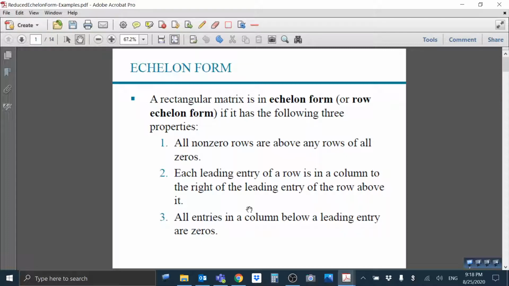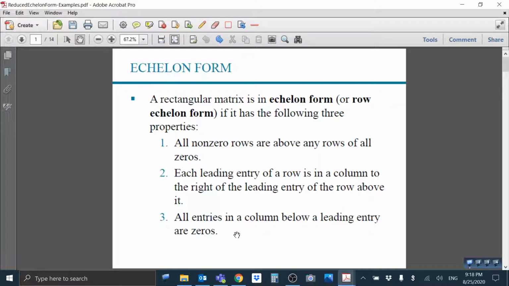Beautiful, that's your leading entry. You go to the next row and you check what's the first non-zero entry in that row. Well, what they require here is that the leading entry from the second row needs to be to the right of the previous leading entry. So basically you have some type of a staircase. We will see that illustrated properly. It's not so clear here.